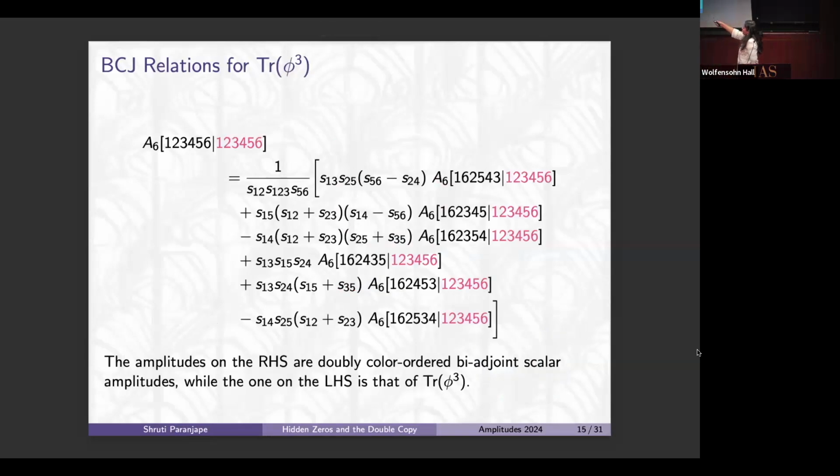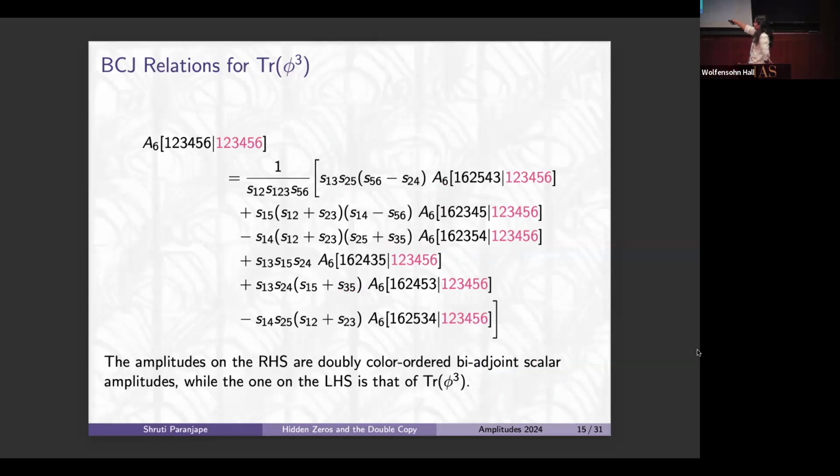So now if I have 2 orderings, I just add an ordering to my amplitudes. And then again, you'll see over here that none of these amplitudes can have 2 particle poles because of the second ordering. They're not compatible with the second ordering, which means that I've written trace phi cubed as a sum over bi-adjoint scalar amplitudes.